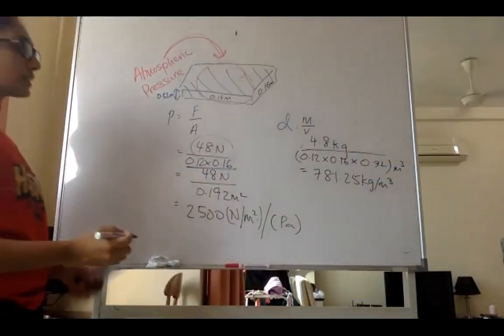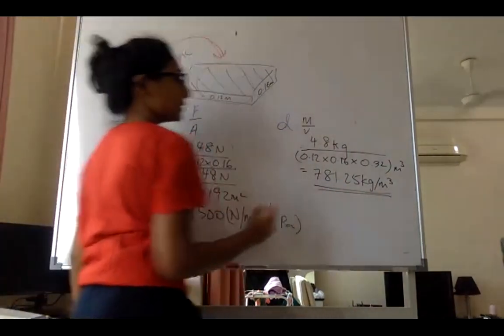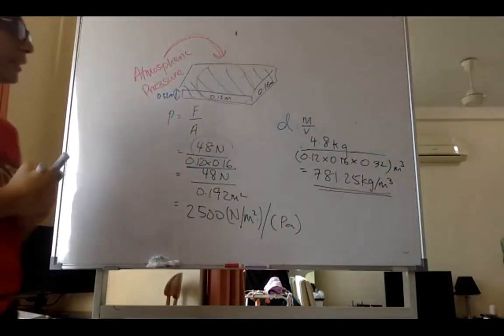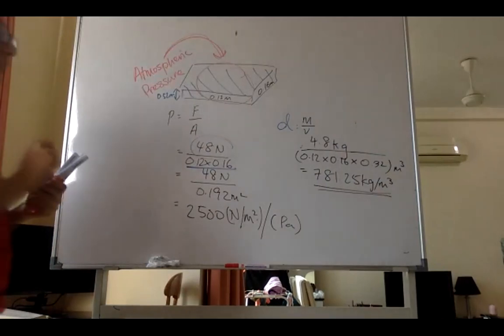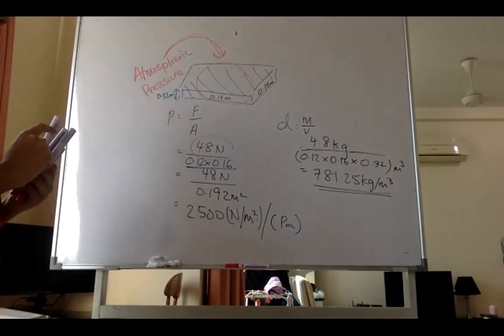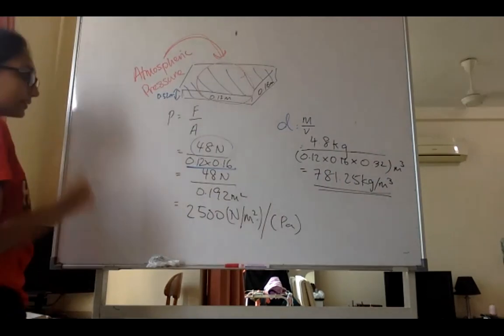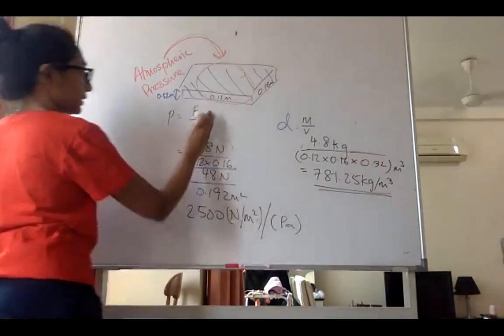So density equals mass over volume, so this is the density. Now there's another way to calculate the density of the liquid, of the water. Can anyone tell me how?